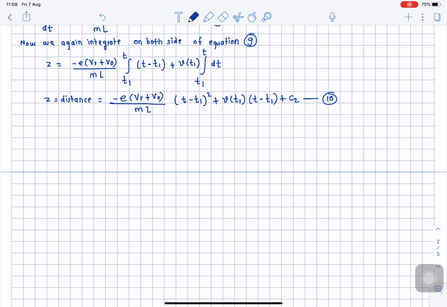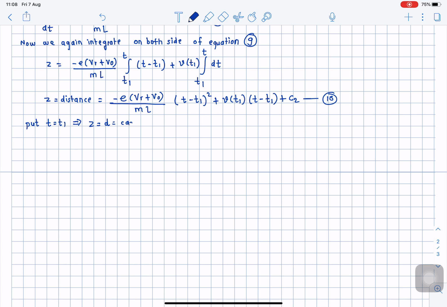Now we need to find this constant from equation number 10. So what we do is put t is equal to t1. At t is equal to t1, z is nothing but the cavity gap.